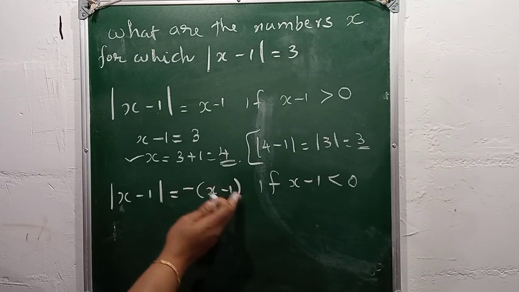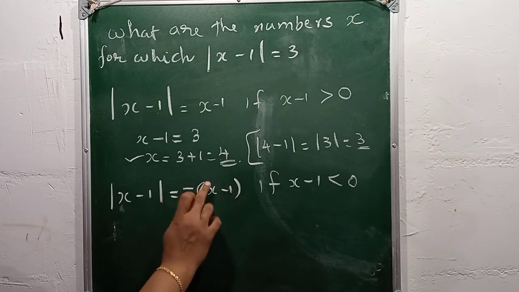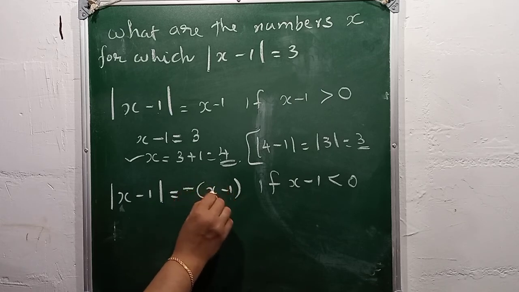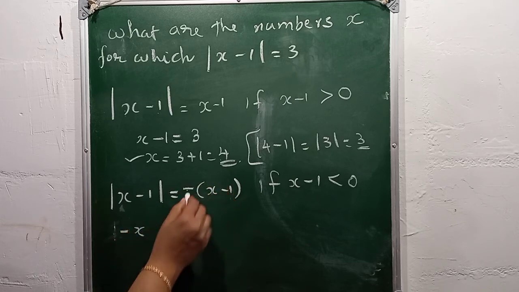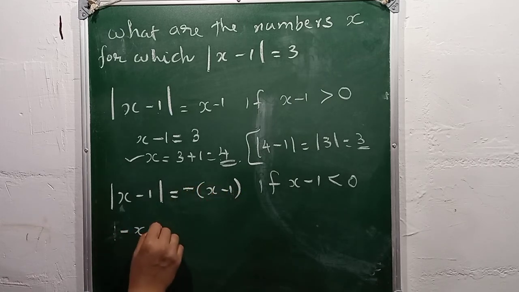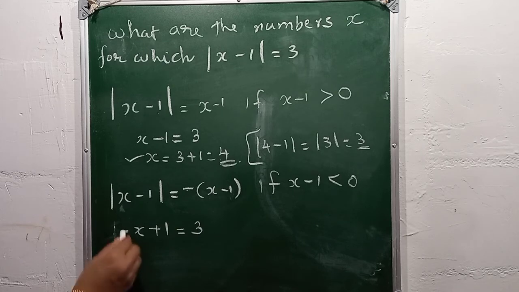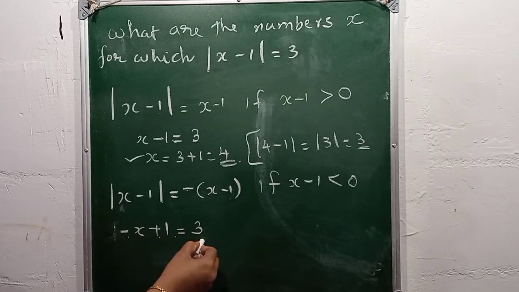What is minus of x minus 1? This minus is common to all the numbers inside the bracket. So minus of x is minus x, and minus of minus 1 is equal to plus 1. Minus x plus 1 is equal to 3.